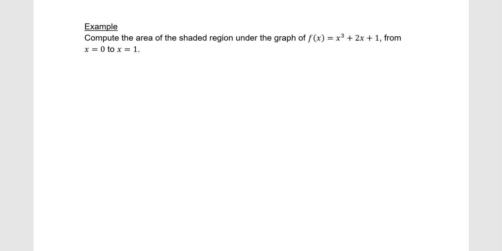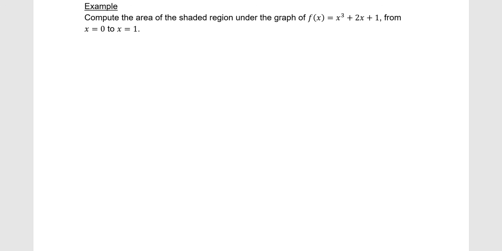Okay, next one. We want to find the shaded region under the graph of x cubed plus 2x plus 1 from 0 to 1. So we want the area, so we go ahead and integrate our function, x cubed plus 2x plus 1, from 0 to 1.